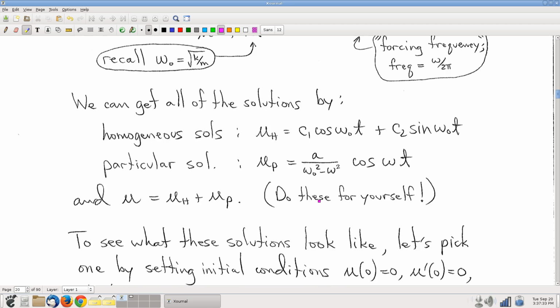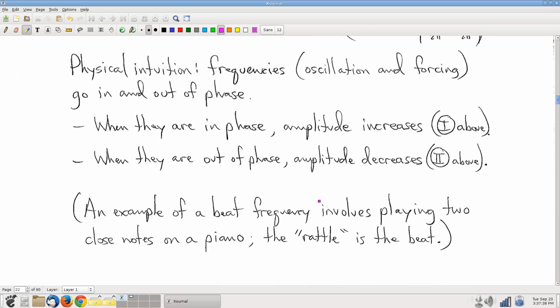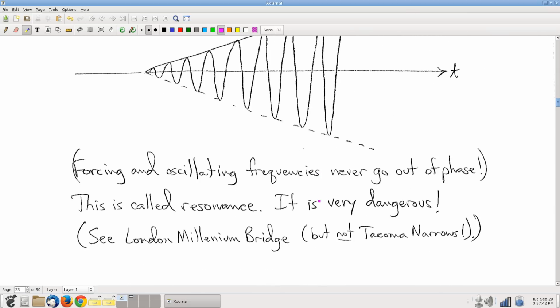So one that you could argue is not unlike this is a bridge. We don't exactly have a mass on a spring, but the bridge nevertheless has a certain amount of mass. It's not exactly on a spring, but the structure of the bridge, if you push it one way, there will be a tendency for the bridge to push back the other way.